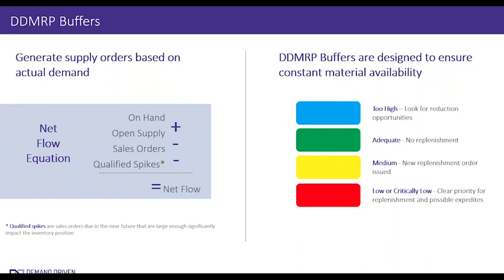And should we ever find ourselves in the red zone, we know we have a clear priority for replenishment, and we may want to take a further look at this item and see if there's any other actions that need to be taken. So with the DDMRP buffers, we're resizing our buffer size based on actual demand, and we're placing orders based on what's flowing through our supply chain with the net flow equation.